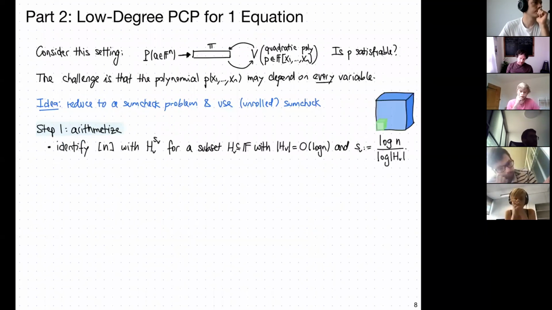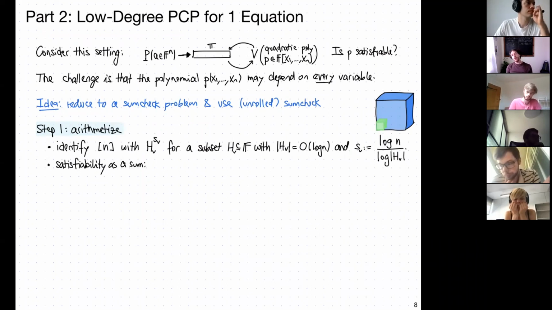The idea is that we want to define a polynomial such that if the assignment is satisfied, then the sum of the elements in the green cube would be 0, and otherwise it would be non-zero. And then this is just an instance of the sum check protocol that we've covered in the earlier lectures.